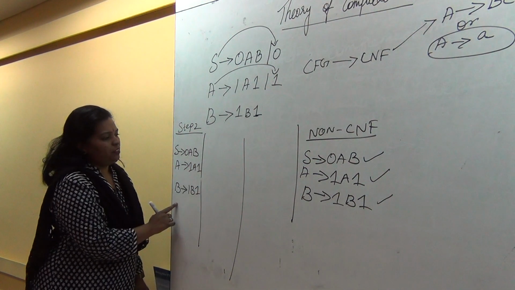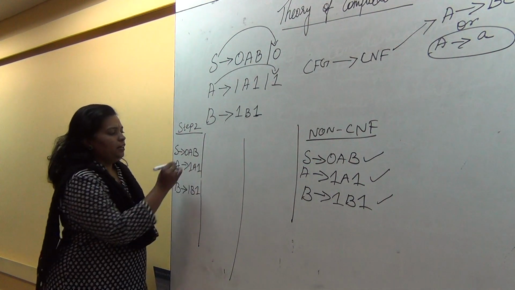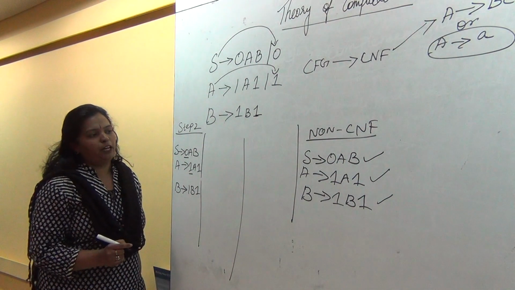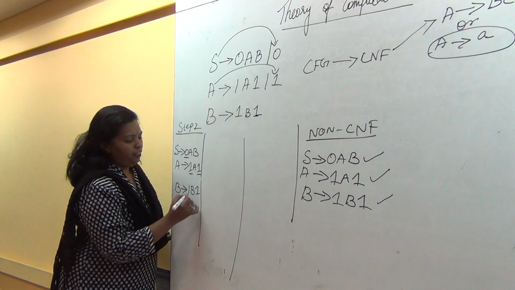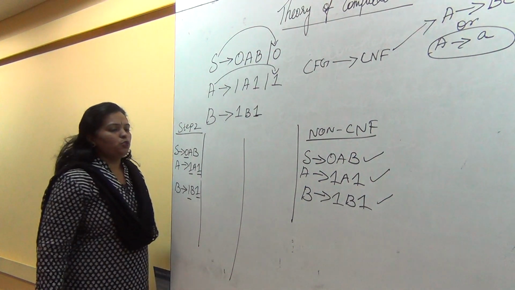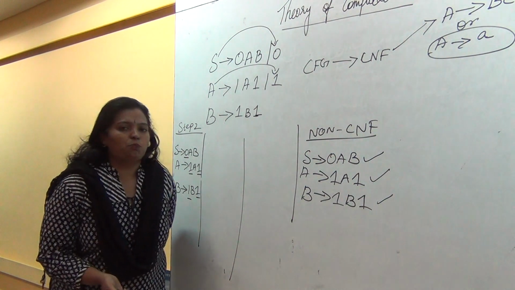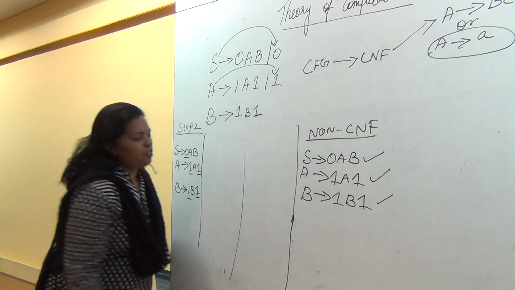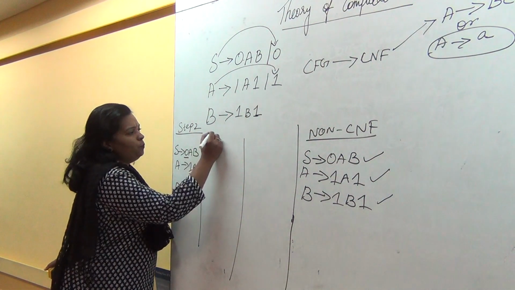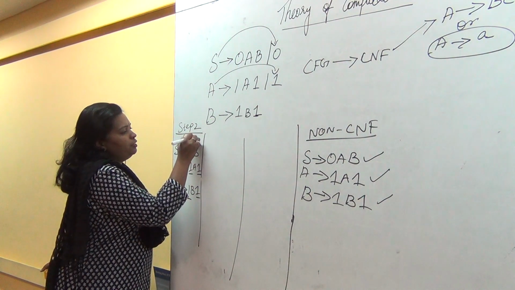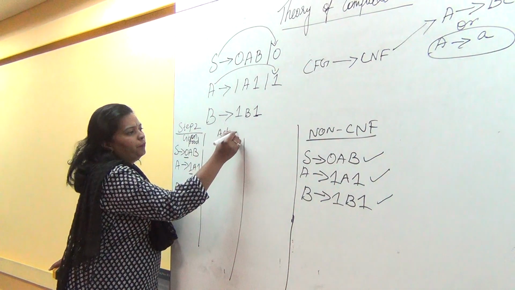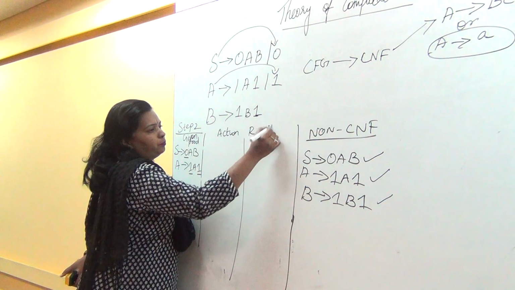In the given question, where you have terminals, the terminals are zeros and ones, or small letters a and b. So we have 1 here, 1 here, 1 here. So replace zeros and ones by respective variables. We can choose the variables according to our choice. So this is the given production, this is the action, and the resulting production.